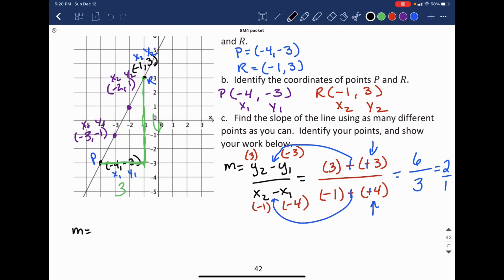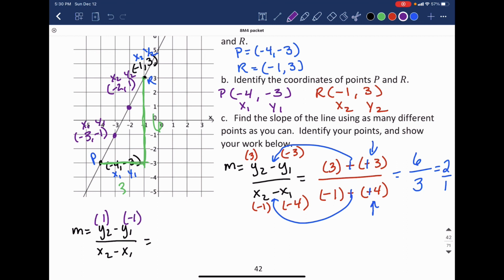So m equals y2 minus y1 over x2 minus x1. Yes, you have to write all this. So now let's plug in our numbers over our equation to make sure we don't get them wrong. So our y2 is 1, then we have minus y1, which is -1.